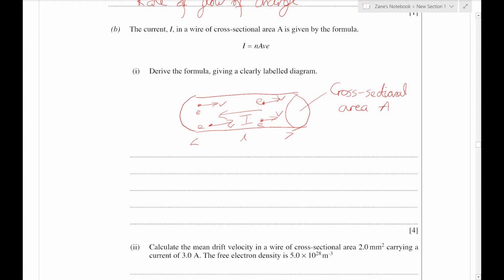These electrons are drifting with an average drift velocity v to the right, with a current of I flowing in the opposite direction. Remember that the direction of current is defined as the direction in which positive charges flow. An important part of this derivation is that the letter n stands for the number of free electrons per cubic meter. So I'm going to start by defining that.